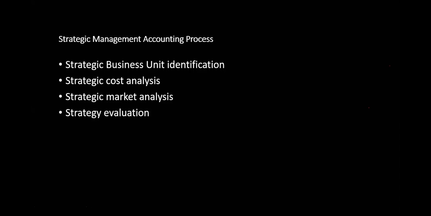In the first stage, you have to do the identification of SBU. Then you do the strategic cost analysis, then strategic market analysis, then strategy evaluation. Once you evaluate your strategy, you get the feedback, you get the performance. So again you can redefine and change the strategic business unit and strategic cost analysis.